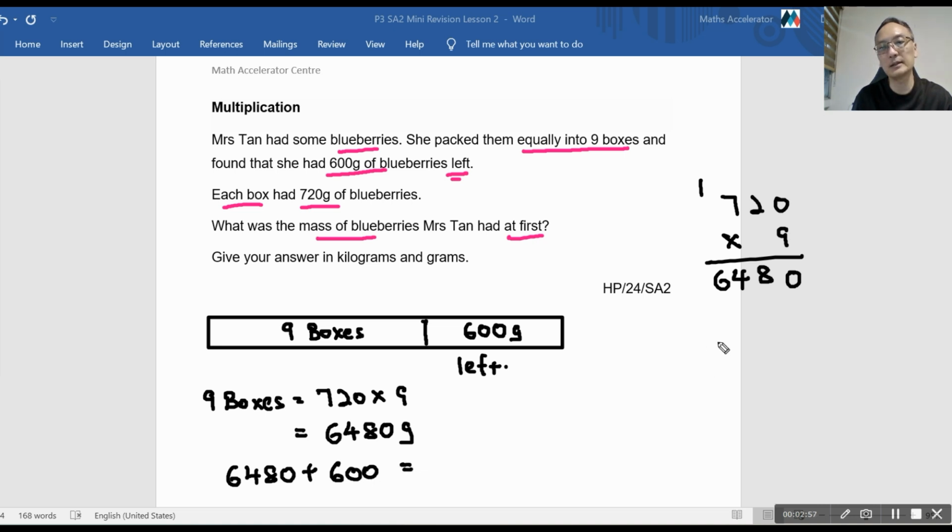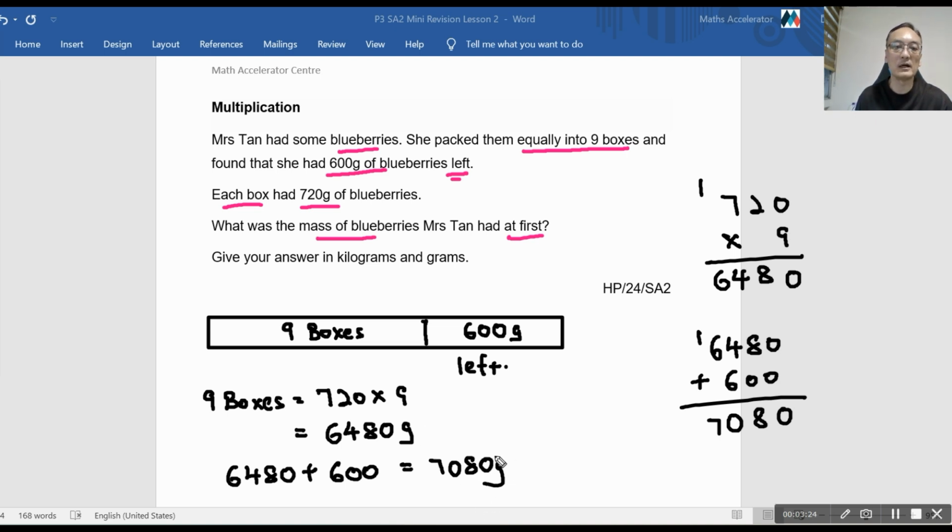Let's do our working at the side. 0 plus 0 will give you 0. 8 plus 0 will have 8. 4 plus 6 we will get 10. So 0 carry 1. 1 plus 6 is 7. So our answer will be 7,080 grams.